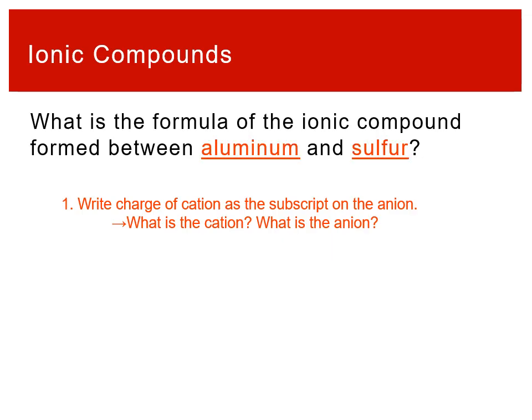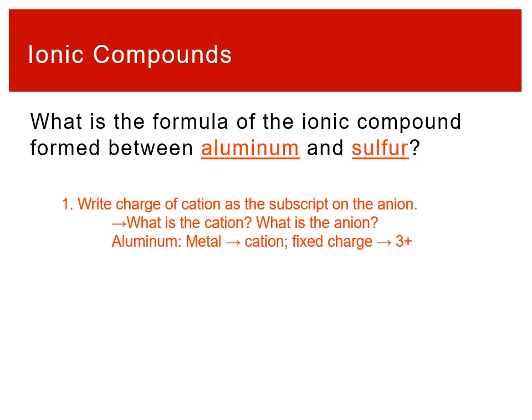But we do know what the atoms contained in the compound are going to be, aluminum and sulfur. So we can take what we've learned previously and figure out what the ions are going to be for these elements. Aluminum is a metal, which means we know it'll form a cation. Aluminum is one of those special three, aluminum, zinc, and silver, that just has a set charge.